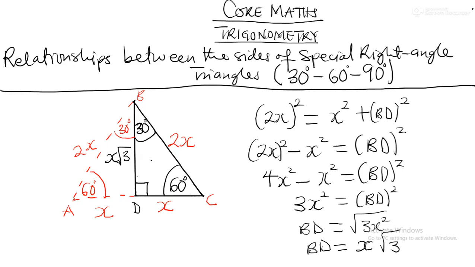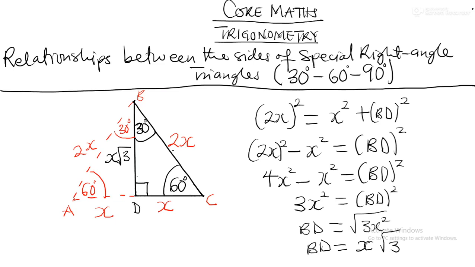We saw that with the 30, 60, 90 right angle triangle, if the smallest side is x, then to get the hypotenuse, you have to multiply the smallest side by 2. So if the smallest side, that is the side opposite the 30 degrees, is x, the hypotenuse is 2x.